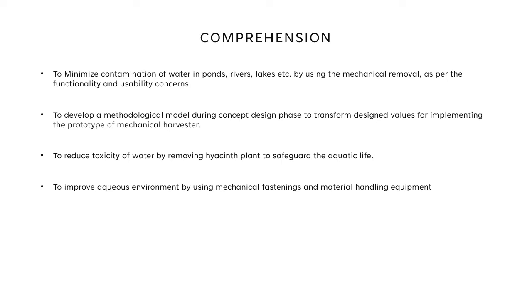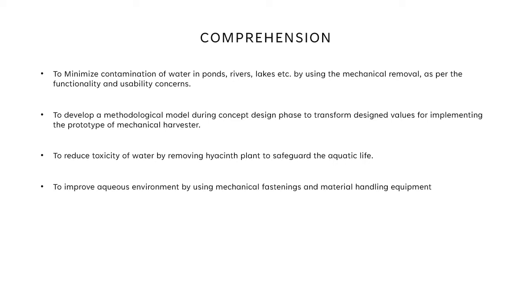The comprehension basically involves what we understood, or what we are supposed to do. One of them is to minimize the contamination of water in ponds, rivers and lakes by using some mechanical remover as per the functionality and usability concerns.